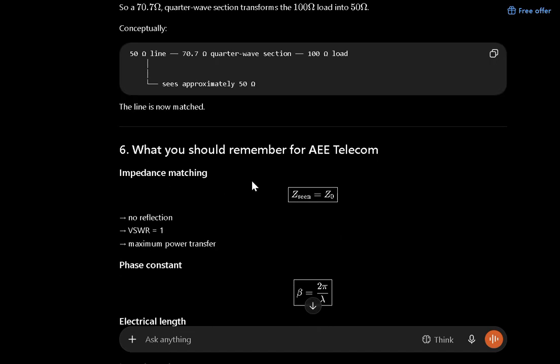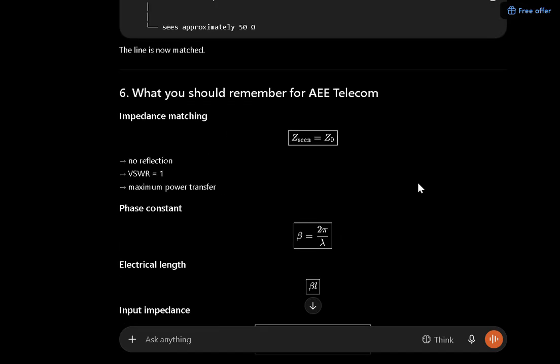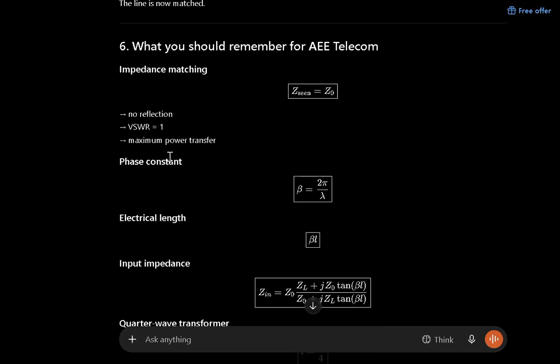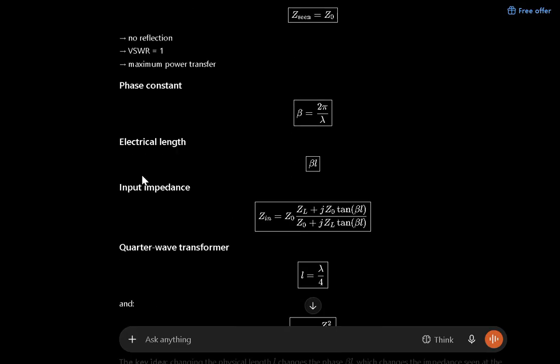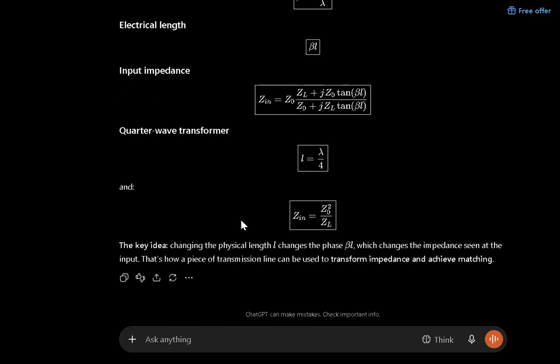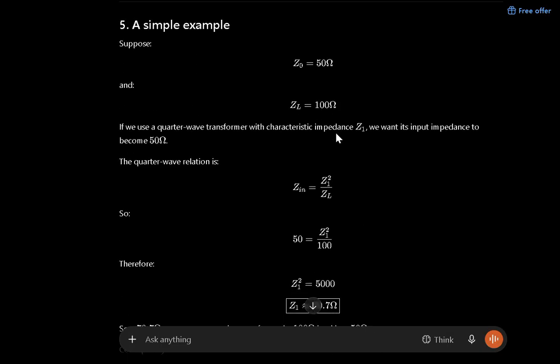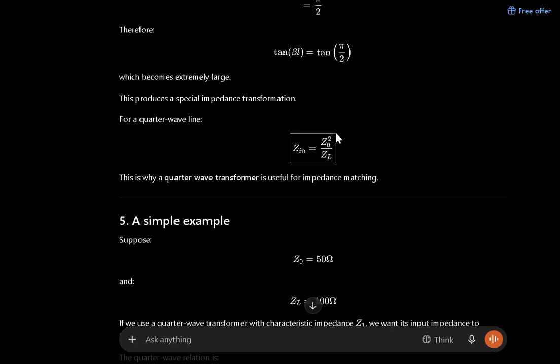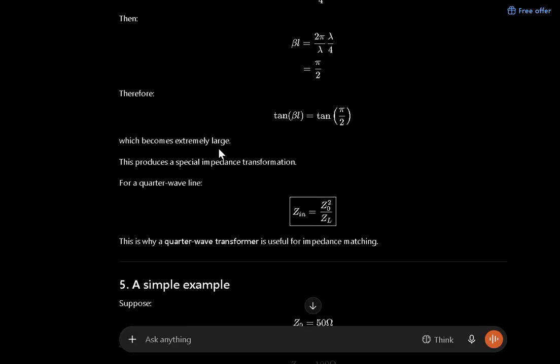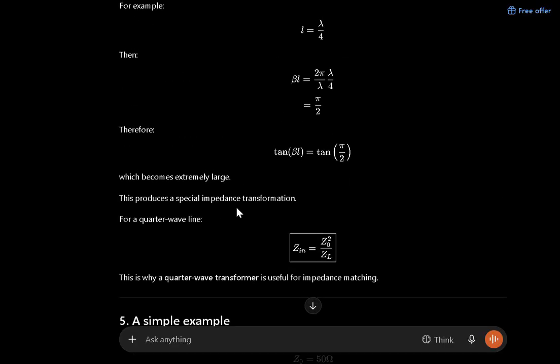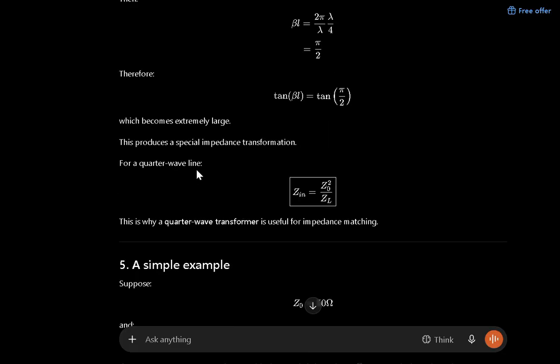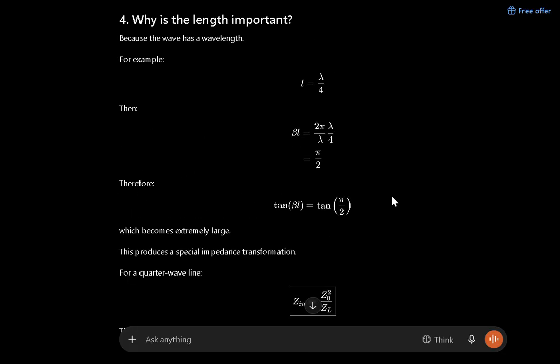What you should remember is that impedance matching means Z equals Z0, with no reflection and a VSWR of 1, and the phase constant is 2 pi by lambda. So Zin equals Z0 squared by ZL. Here we see again why it is important: tan beta L becomes extremely large, which produces a special impedance for a quarter wave line.